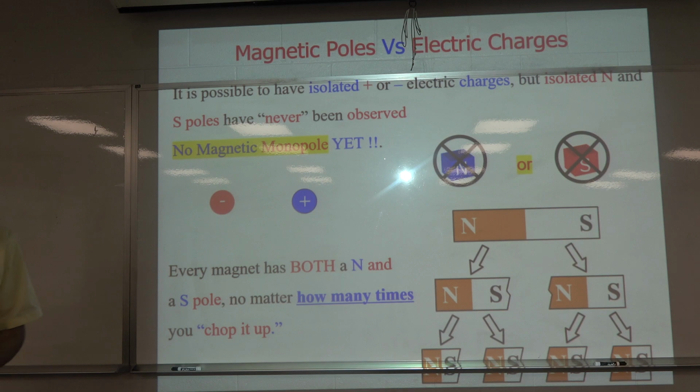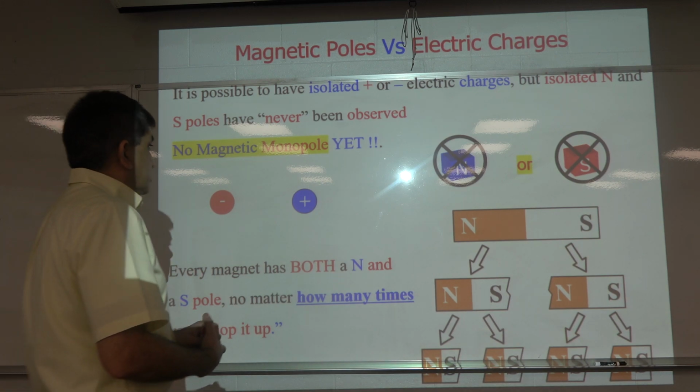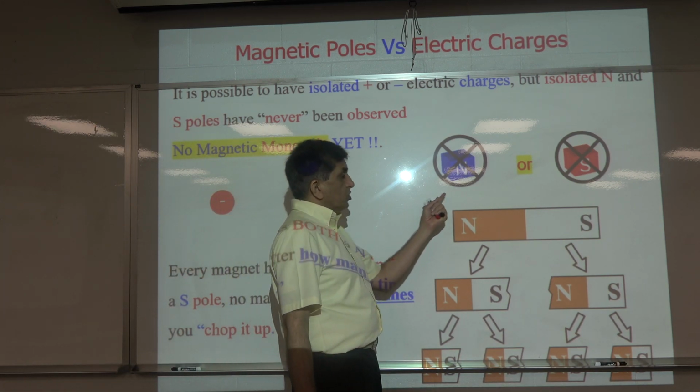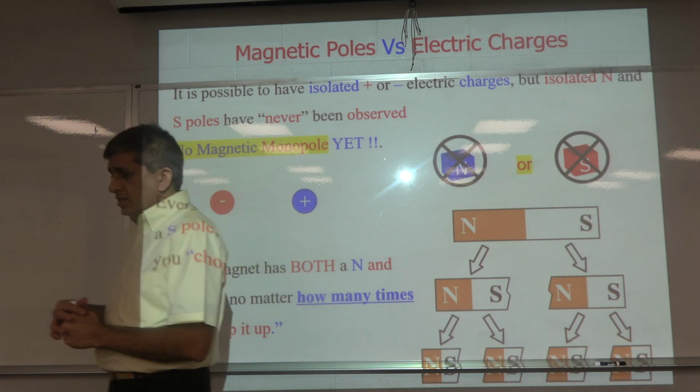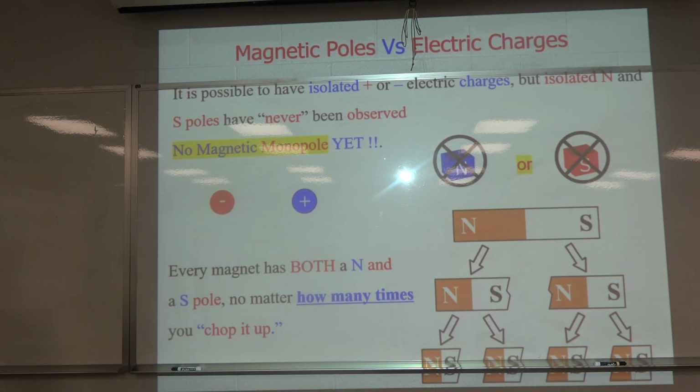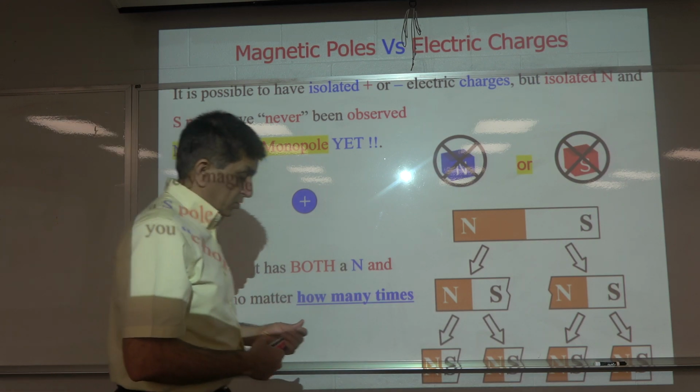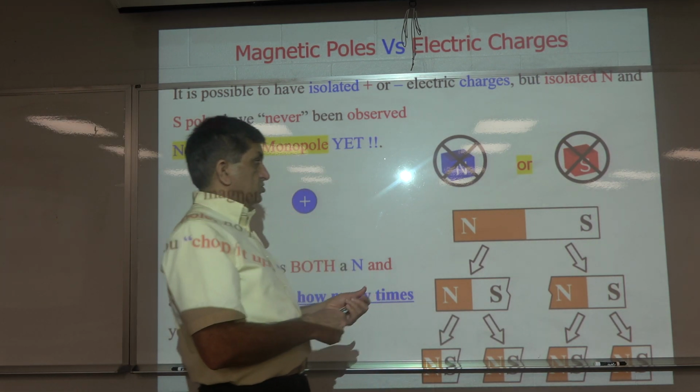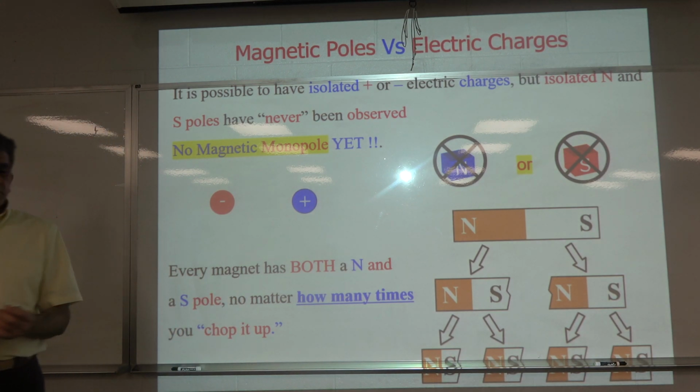However many times I keep chopping it, I will get a north and a south pole of the magnet. However, the theories suggest that separate poles can exist, but that is just a theory, which is called the monopole. So in other words, we haven't seen magnetic monopoles yet. Electricity and magnetism theories tell us they exist, but if you happen to find one, this will be a Nobel Prize discovery, right?